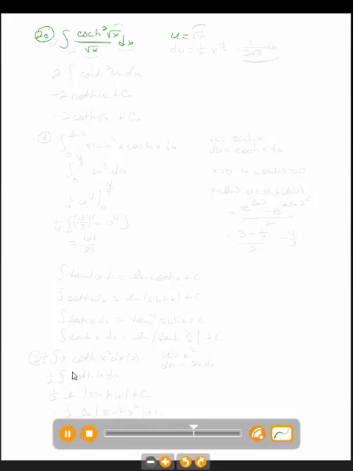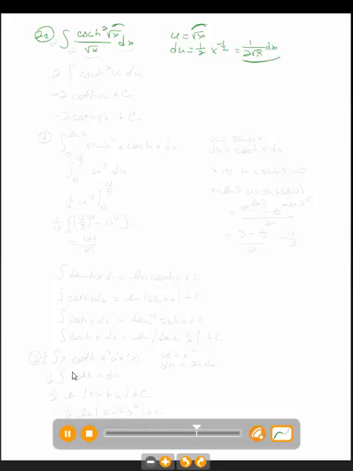We're going to choose u to be the square root of x, which means du is 1/2 x to the negative 1/2, which would be 1 over 2 the square root of x dx. So here is my u, and then all this stuff here is the du.